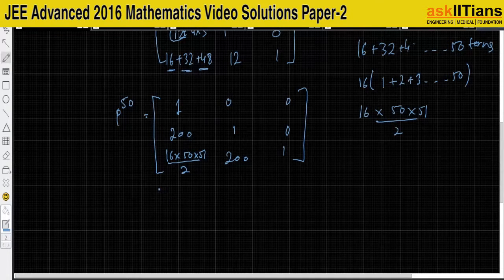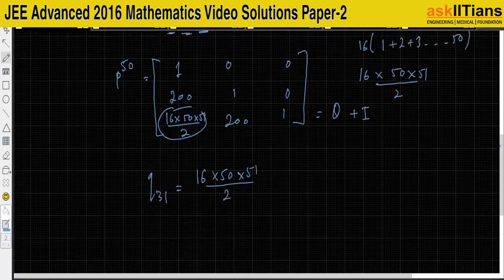Now we know that P power 50 minus Q is equal to I, right? So if I subtract Q from this, I'll get I. So actually I can say that this matrix is nothing but Q plus I. Q31 is directly this element, so Q31 will be 16 into 50 into 51 divided by 2.